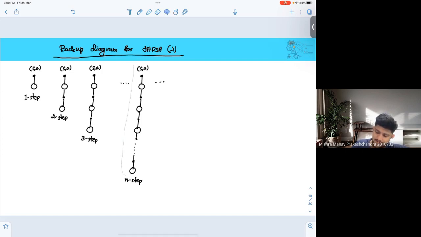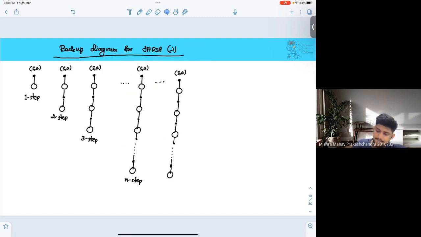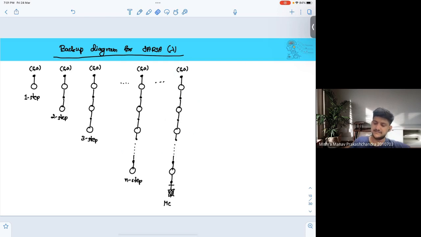You see. Let's say this goes further ahead till I reach some terminal state. So this is similar to my MC. Okay, so this is the backup diagram for SARSA lambda.